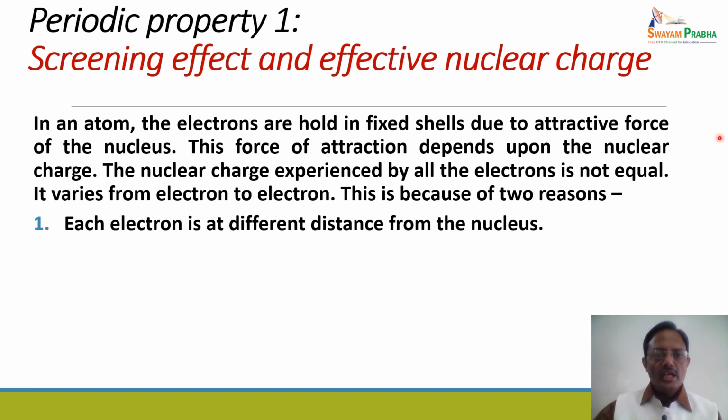First reason, each electron is at a different distance from the nucleus, and we know that as the distance between the 2 charges goes on increasing, the force of attraction goes on decreasing. So if an electron is present close to the nucleus, then it will experience more force of attraction, whereas if it is present away from the nucleus, then it will experience less force of attraction.